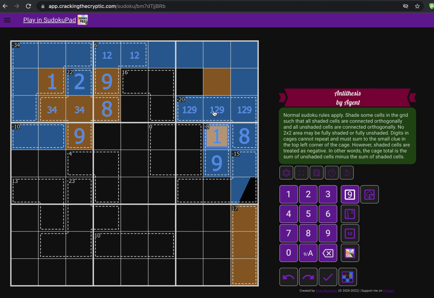And 1, 9 sees 2, and 2 comes out from there. So straight away we've got 1, 9, 2, 3, 4, 8. So we've got 5, 6, 7 remaining.